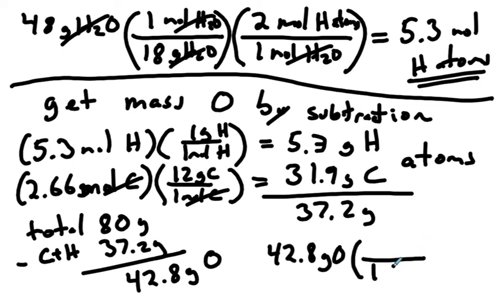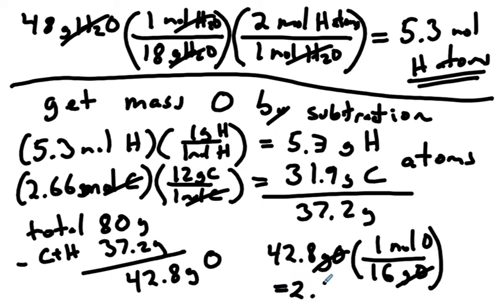We know each oxygen atom weighs about 16 grams for every 1 mole. And getting a little sloppy with my notation here, we should say this is grams of oxygen atoms for every mole of oxygen atoms. And so we divide by 16, and we get 2.67 moles of oxygen atoms.